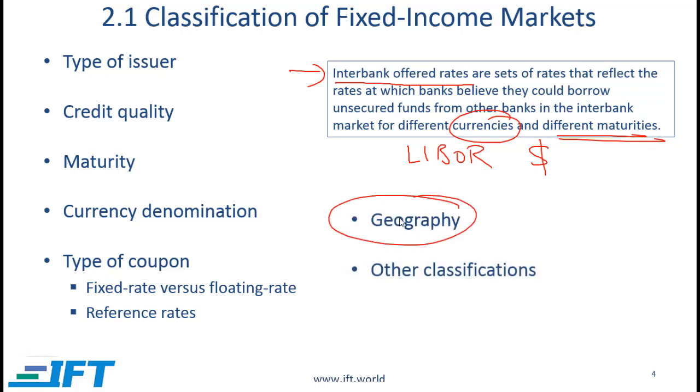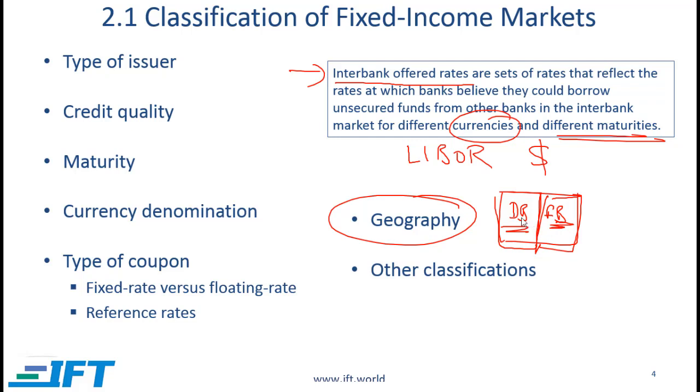Bonds can also be classified based on geography. So we can have American bonds, for example. We could have Chinese bonds. In the American market, we will have domestic bonds and foreign bonds. Domestic bonds are bonds issued by American companies, and these bonds are traded in America. Foreign bonds in the American market are bonds which have been issued by foreign countries but are traded in America.